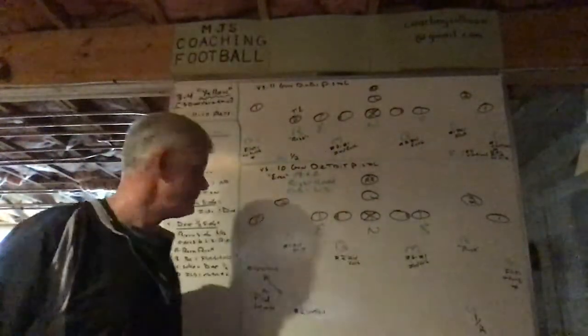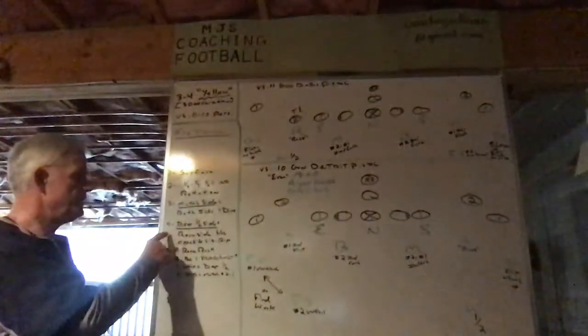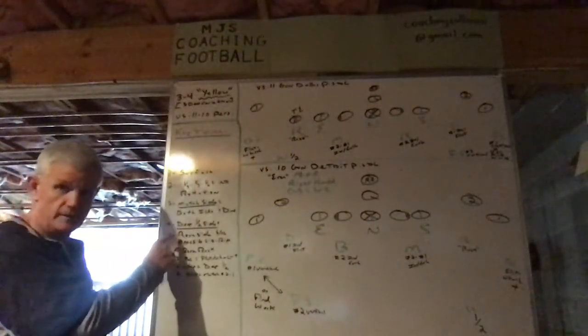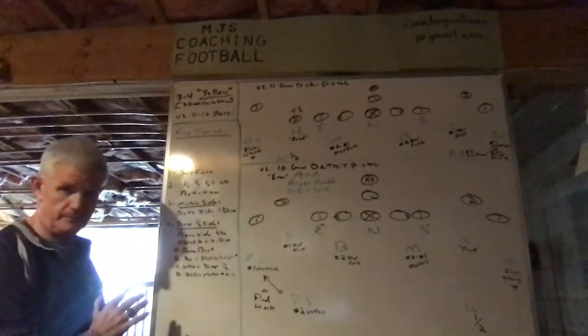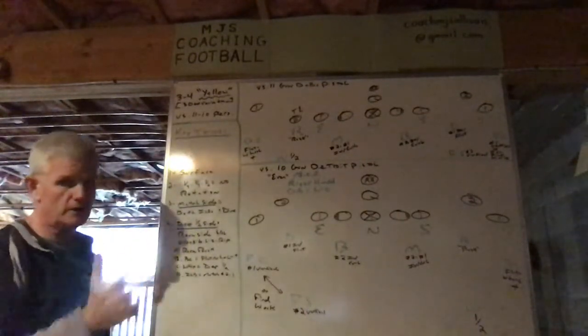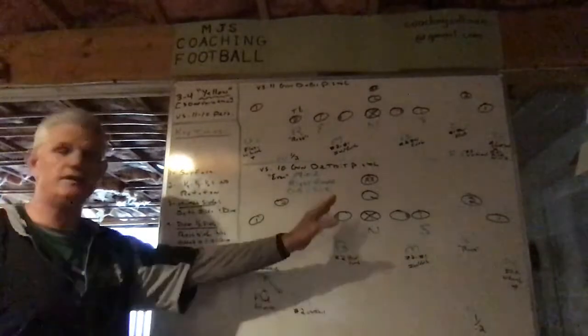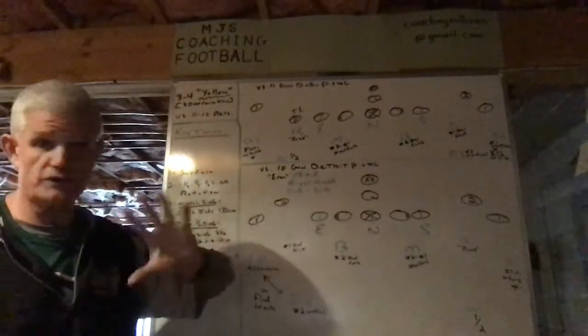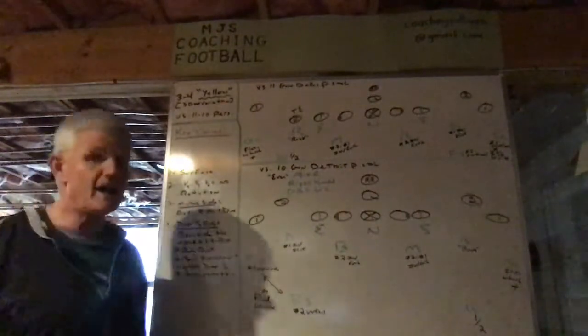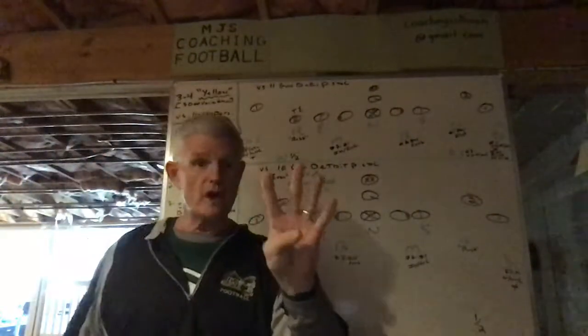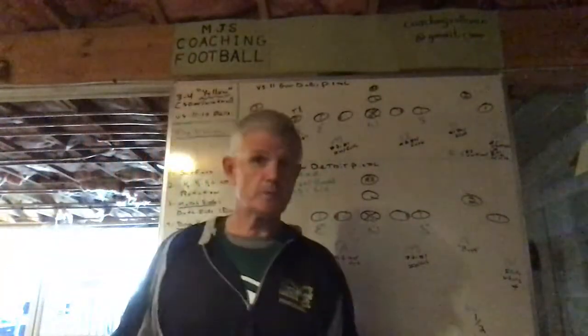What that means is it's the rover side and/or the opposite of the Liz and Rip. I'll explain that to you when I get to the diagram. It's not complicated. So this allows us to rush 4 defenders.